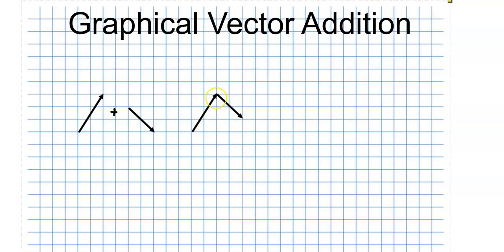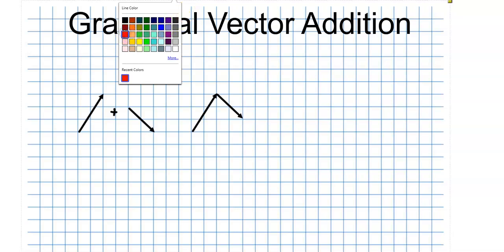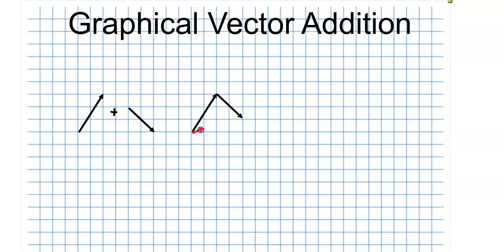It doesn't really matter what order you do these in, but you have a starting point, and then the arrowhead of one vector touches the tail of the next vector as you go. So you add those up, and you can see that the resultant vector that comes from these would be this vector.